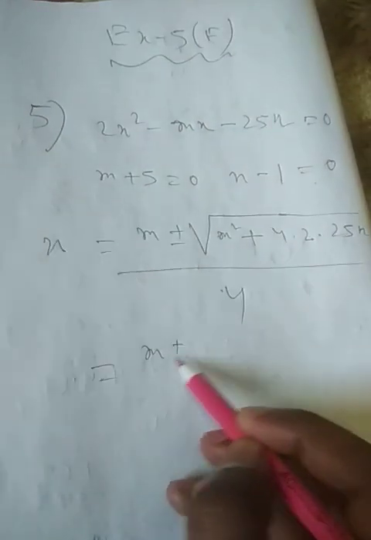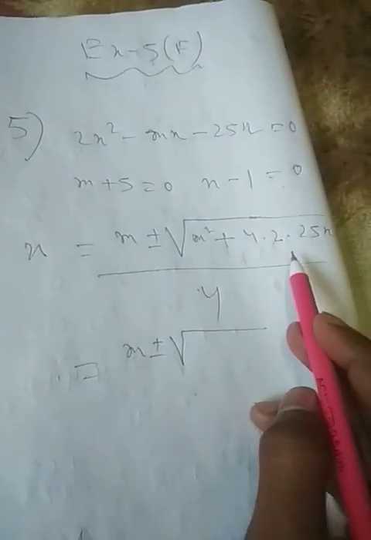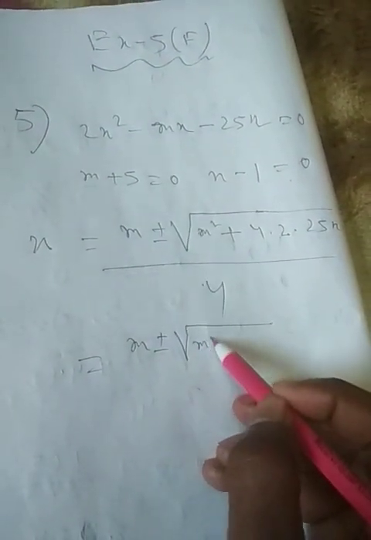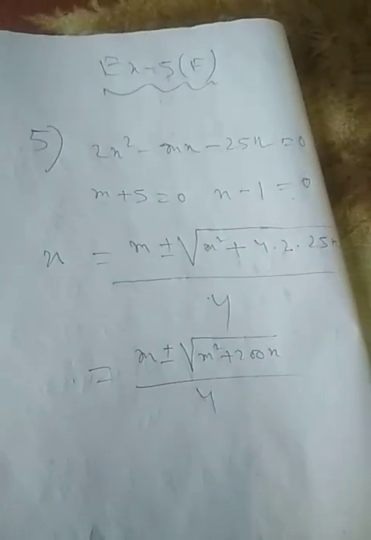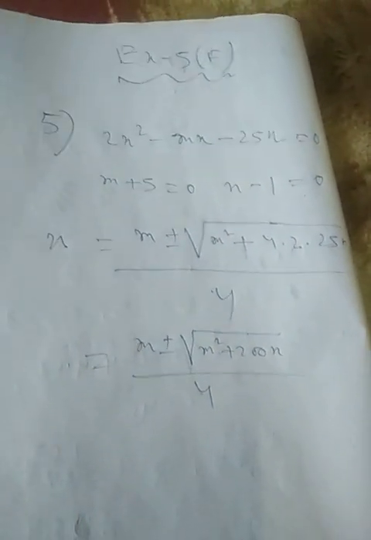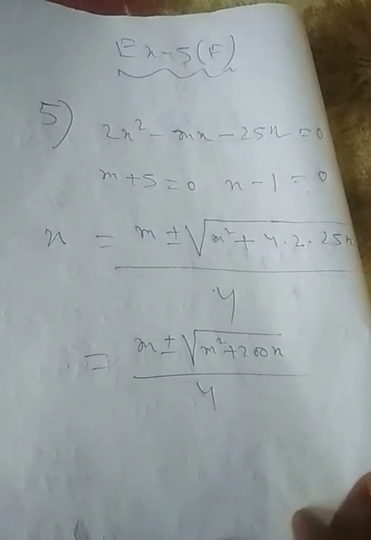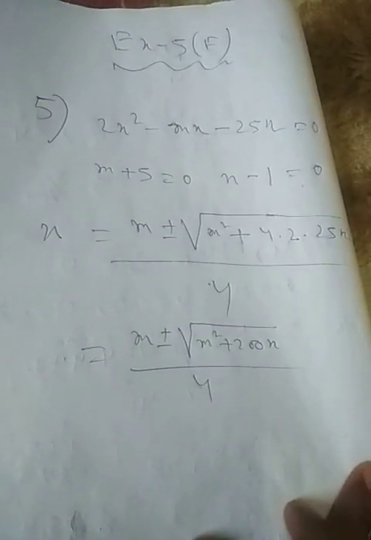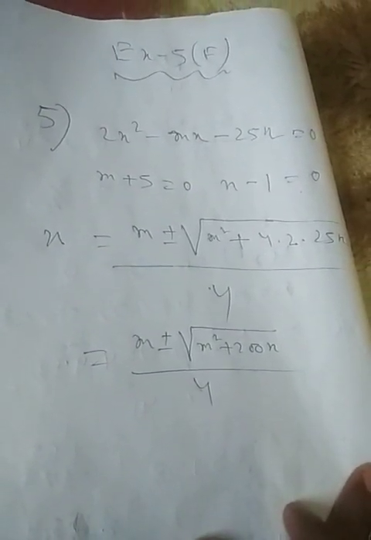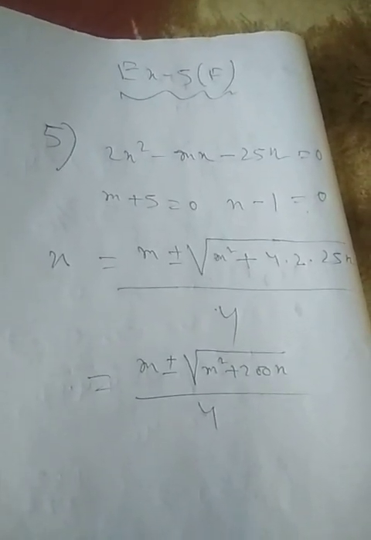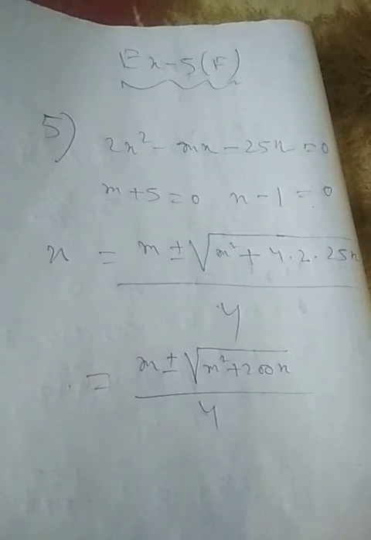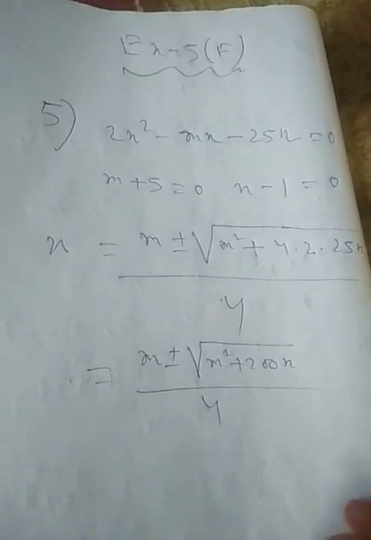So I got m plus or minus root over m square plus 200n, by 4. m plus 5 is 0, that means m equals minus 5.